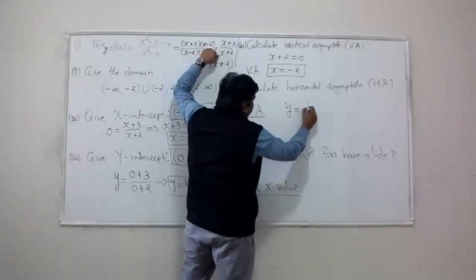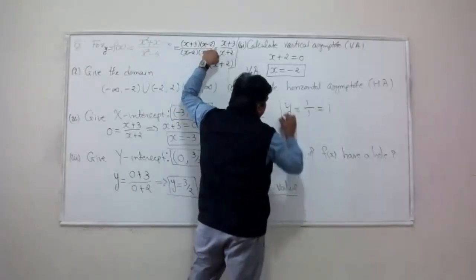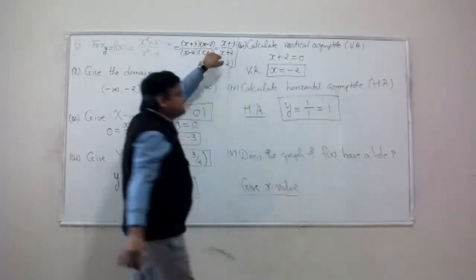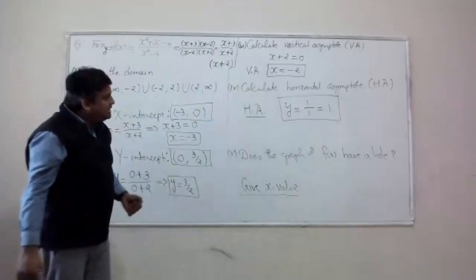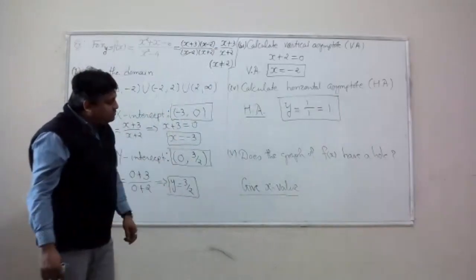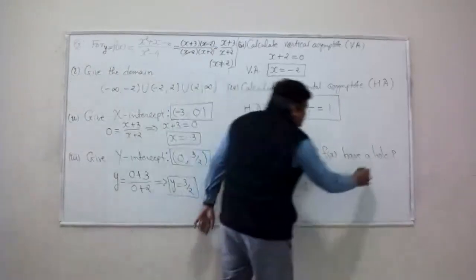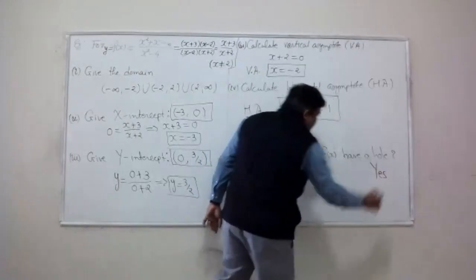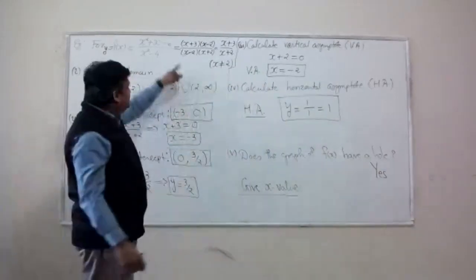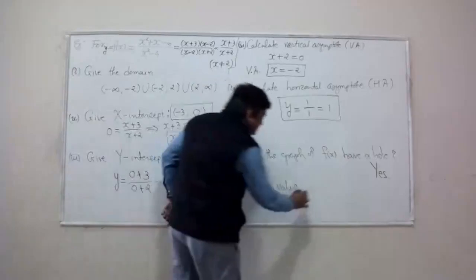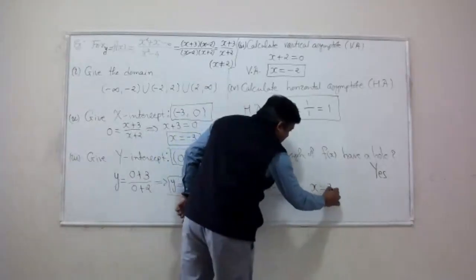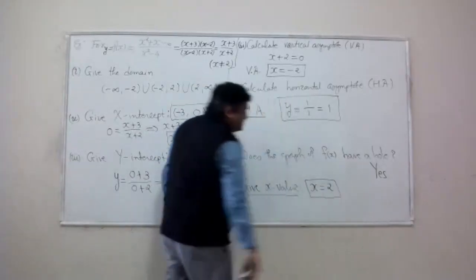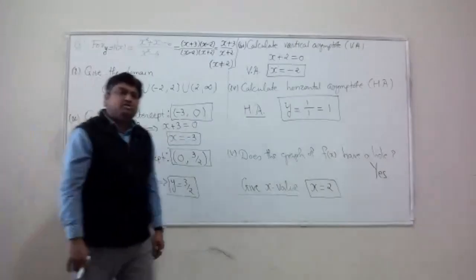So the ratio is going to be 1 over 1, or y equal to 1. This line represents the horizontal asymptote for our function. The function, of course, has a hole, and we already know that x equal to 2 is where the hole occurs for the graph of our function.